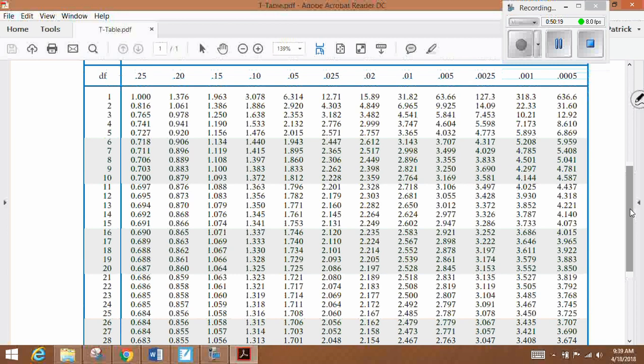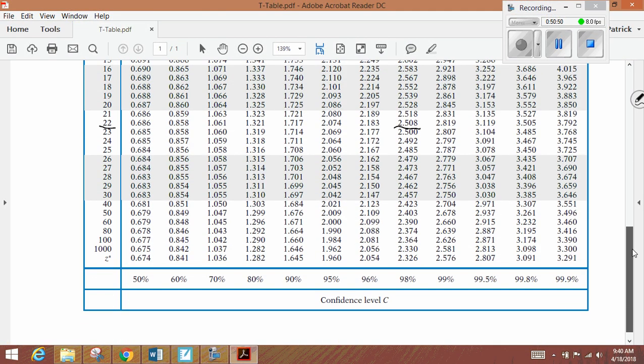And we are looking at 0.01. Is that lining up? Okay. 2.508 is our T-star value. Right? So I'm saying, hey, 99% confidence is at 0.01.